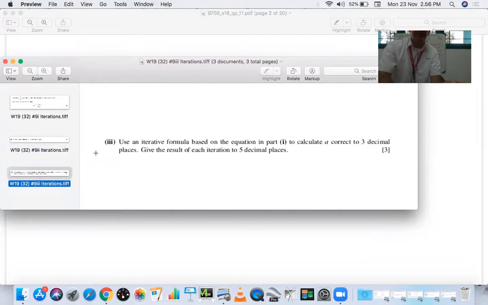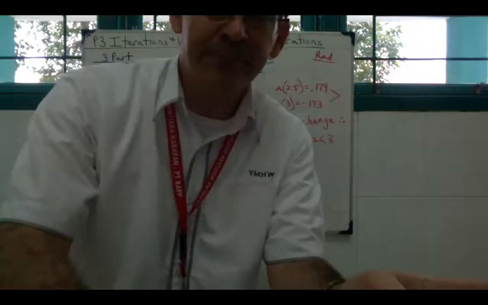And then the iteration part is 3 decimal places for the final answer, 5 decimal places for each iteration. So pay close attention to the number of decimal places you need it accurate for the final as well as for each iteration. So we have 3 and 5.